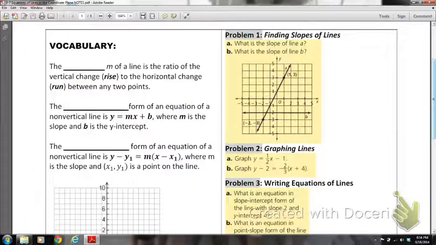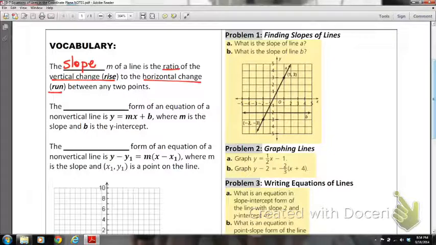vocabulary word is slope. Slope is usually represented by the letter, a lowercase m. So the slope m of a line is the ratio, which means a ratio is a fraction. It's a ratio of the vertical change, which we sometimes call the rise, to the horizontal change, which is the run, between any 2 points.